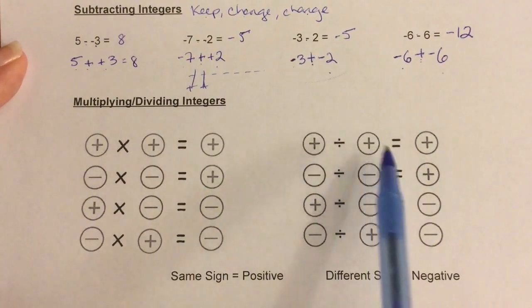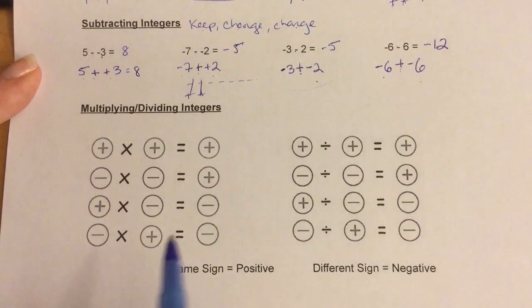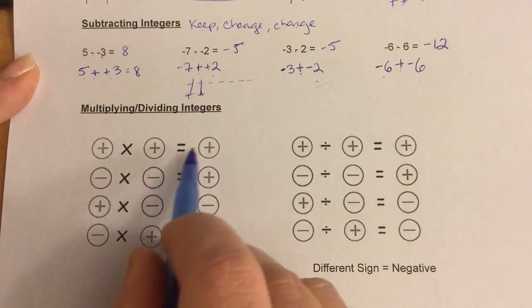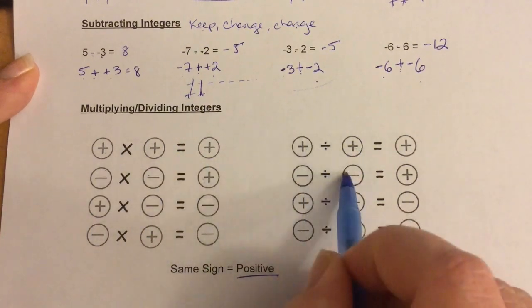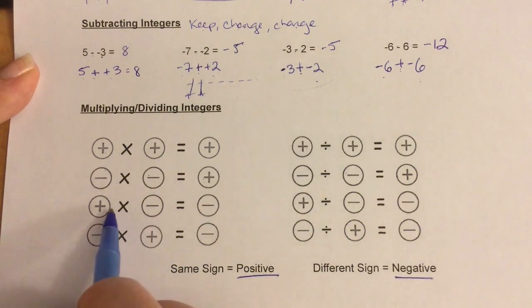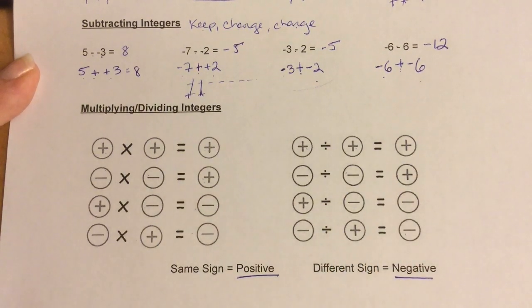Same thing for division. So what it all boils down to is if you're working with the same sign, it's positive. If you have different signs, it gives you a negative. One of each gives you a negative. For both multiplication and division, same rules.